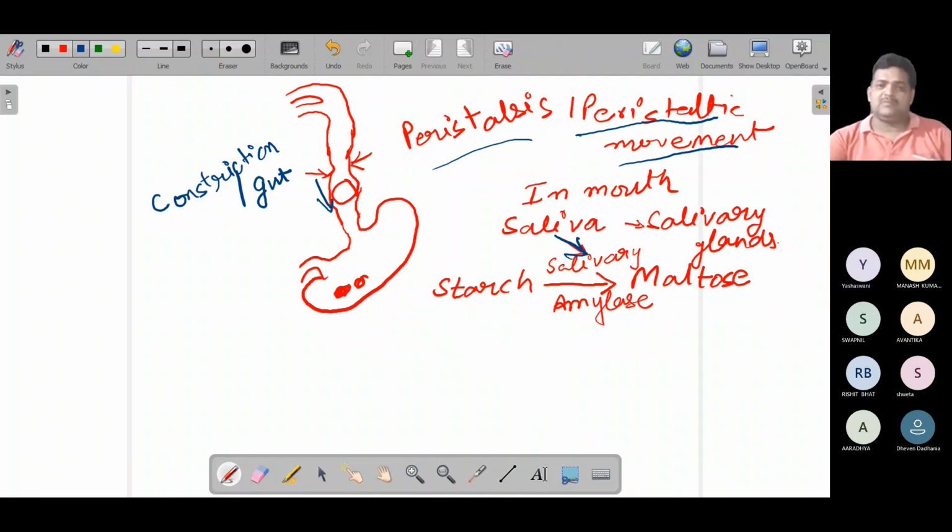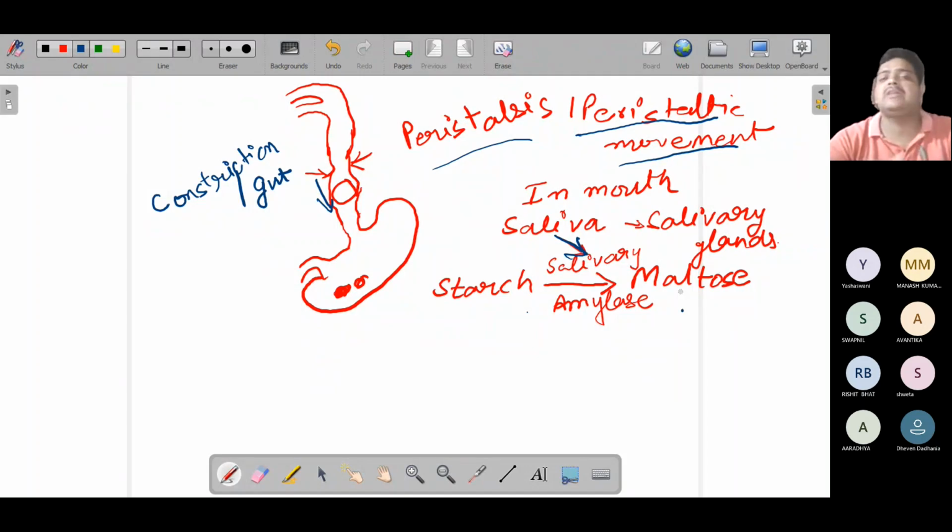So about saliva, everyone is clear. Saliva has salivary amylase, which digests starch into maltose. That is why if you eat chapati without any vegetables, you will feel a sweet taste in your mouth.